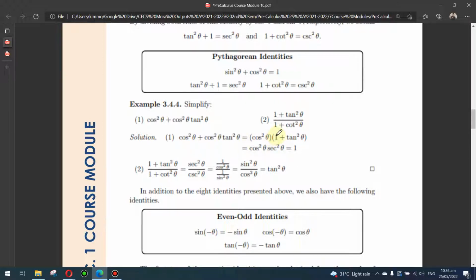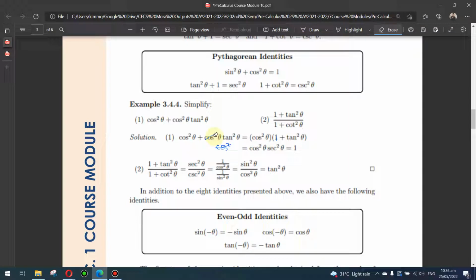That's why we have 1 here. Plus cosine squared theta times tangent squared theta divided by cosine squared theta. The common cosine squared cancels out, leaving tangent squared. So that's why we have 1 plus tangent squared.